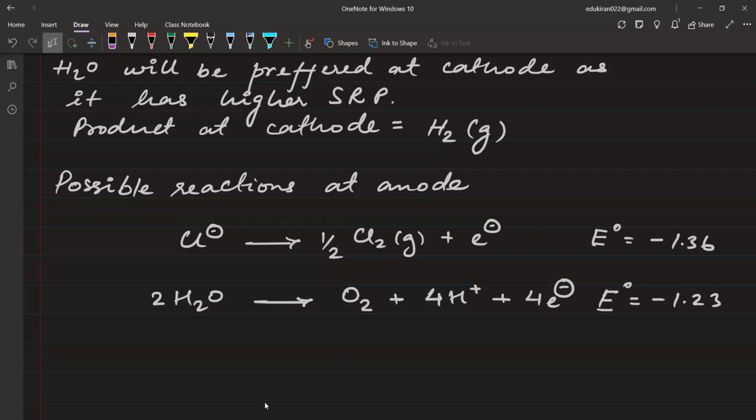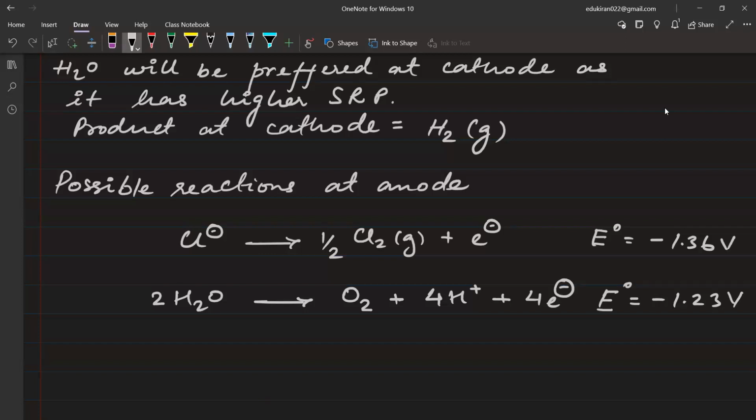Now which is greater here, tell me? Which is greater, which is the bigger value, minus 1.36 or minus 1.23? Okay, so which should it be? The water one, right? But what happens here, as I said, in the case of anodes, what matters?